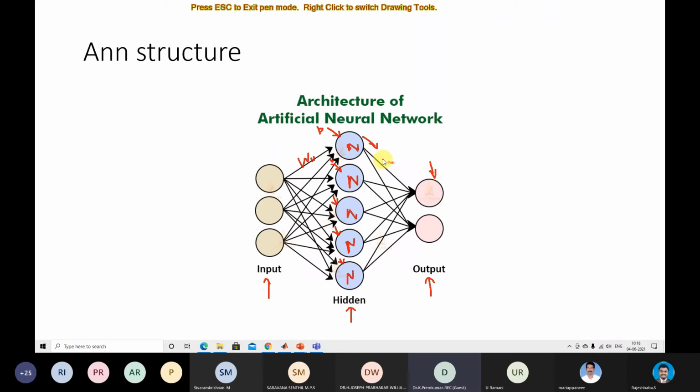These links also have some weights. This is known as the hidden layer to output layer weights, and this is the input layer to hidden layer weights. So the hidden layer neuron is connected to the output neuron by means of links that have different weights. So this is the basic structure.